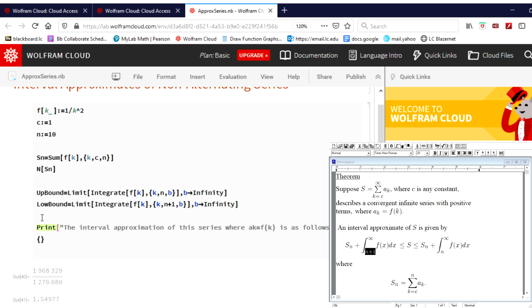So let's go ahead and declare that out as this following statement. This is the interval approximation where our value of a sub k in that series is equal to this explicit function of k, 1 over k squared.